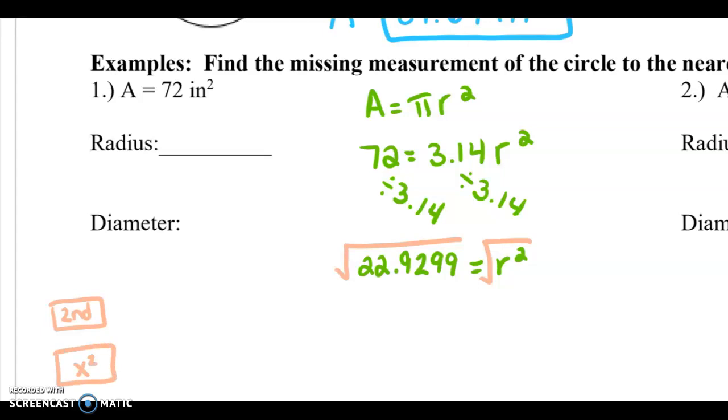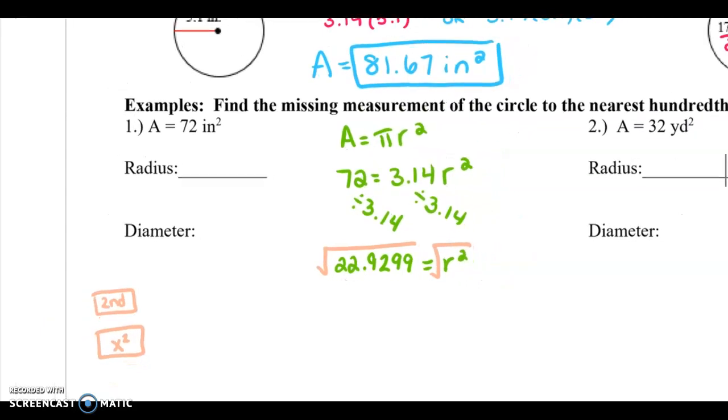So if I hit second x squared and I type in 22.9299, rounding to the nearest hundredth, it gives me a radius of approximately 4.79 inches. And then I would multiply that by 2 to find out the diameter. So 4.79 times 2 is going to give me 9.58 inches.